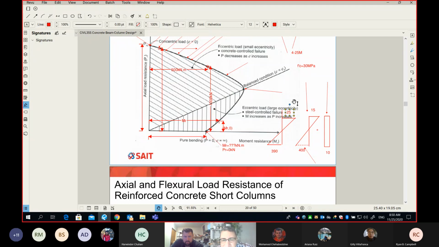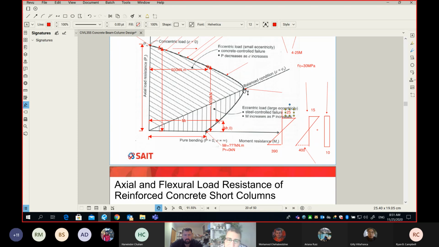And if this guy is 25 MPa and my concrete is 25 MPa, forget about the phi c, just to keep the numbers simple, it means concrete will fail first. Would you agree? Yes. Okay, so that is what makes the curve change its direction. And this point here is the balanced condition, where concrete and rebar will fail at the same point.